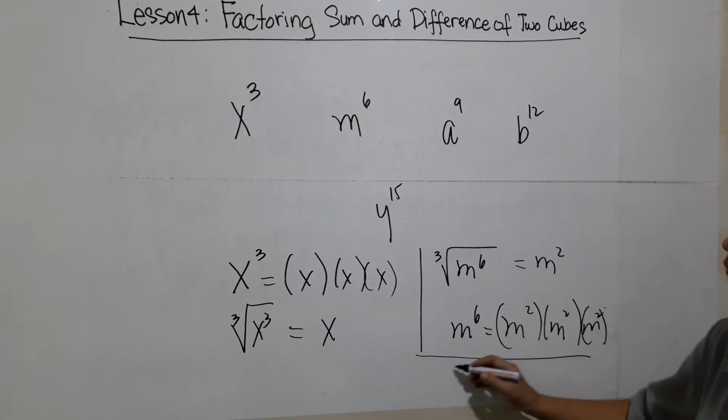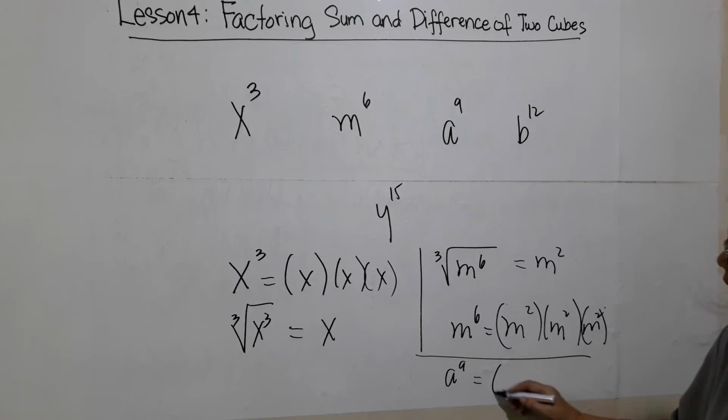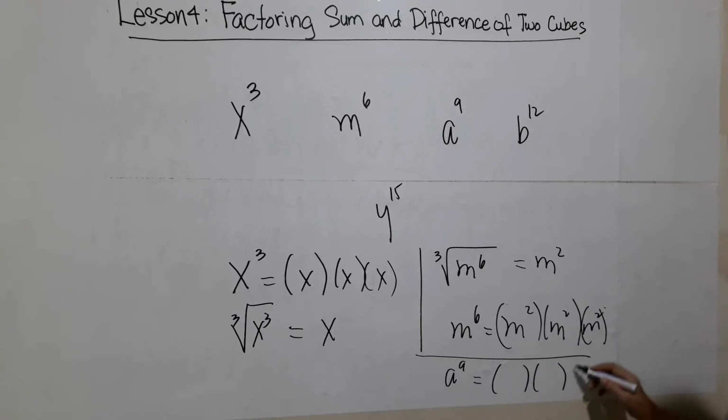If I have a to the 9th, I can write it as 3 factors multiplied by itself. But what should be the correct exponent of every factor? It should be 3. Why 3? Because 9 divided by 3 is 3.